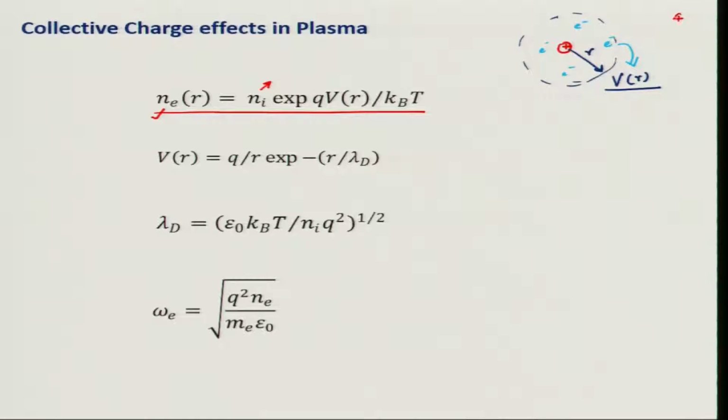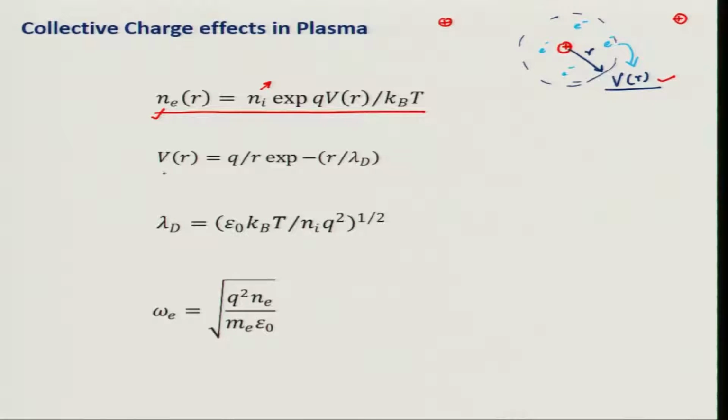So, if I have some positive ions here, collectively what is the ion density also defines the electron density in total. But now how these electrons are distributed around these ions in some radial manner will depend on this potential field.